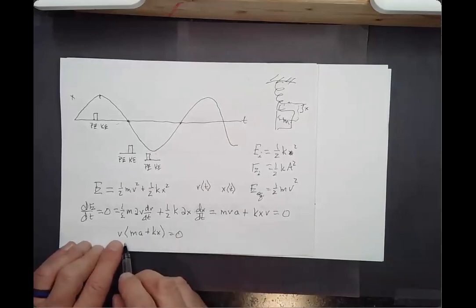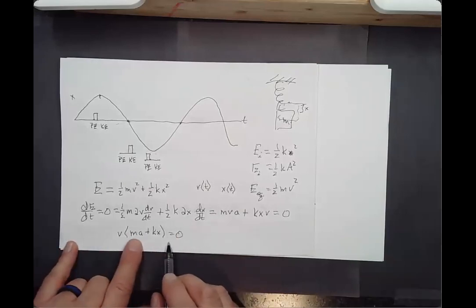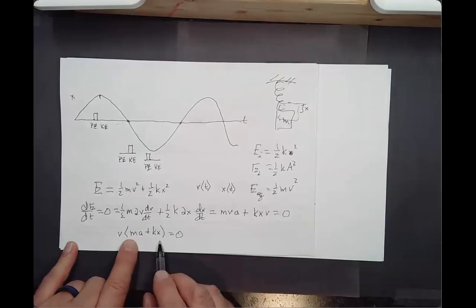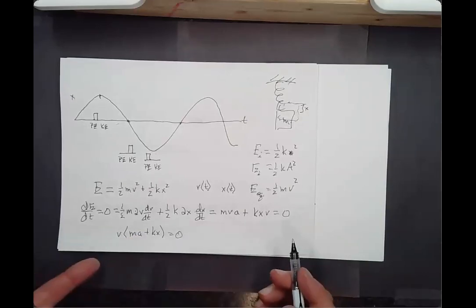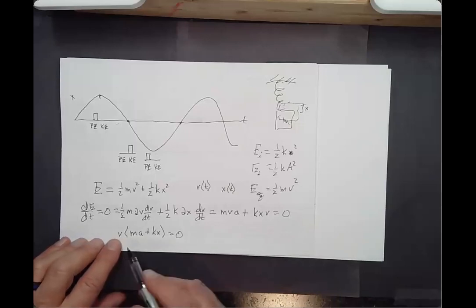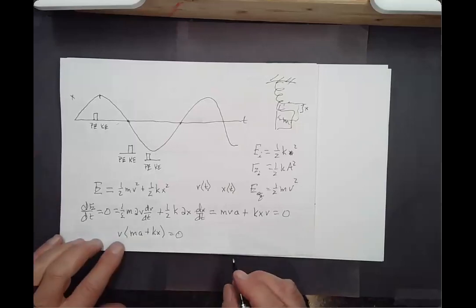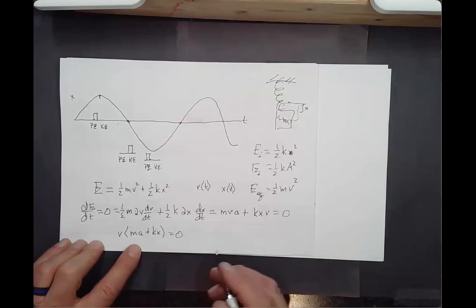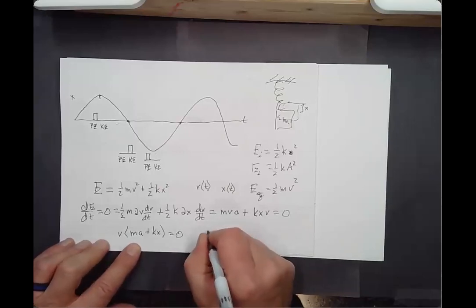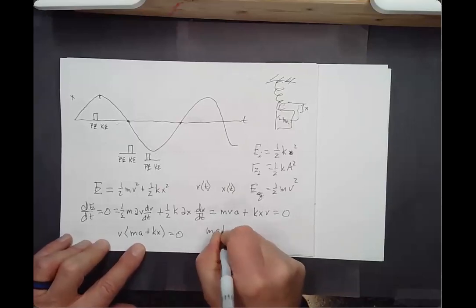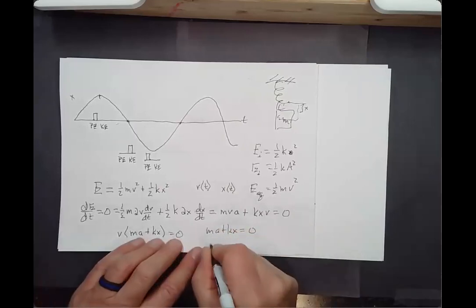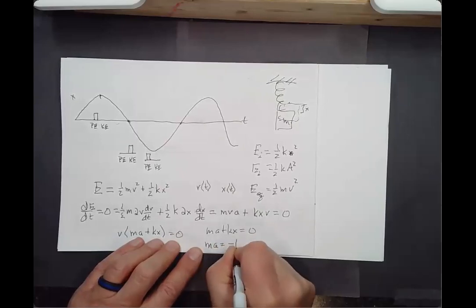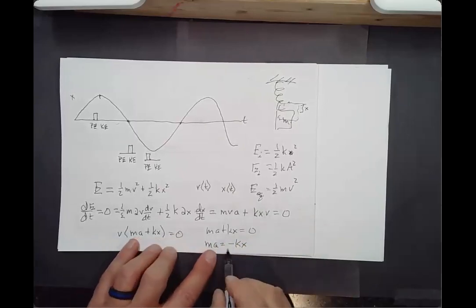So either v is 0 or this thing is equal to 0. Well, I think this thing can be 0. If v is non-zero, you can divide it out. If it ever is 0, then you're at the extremes of the motion. But here's what you get out of here. You get ma plus kx is equal to 0, or ma equals minus kx.